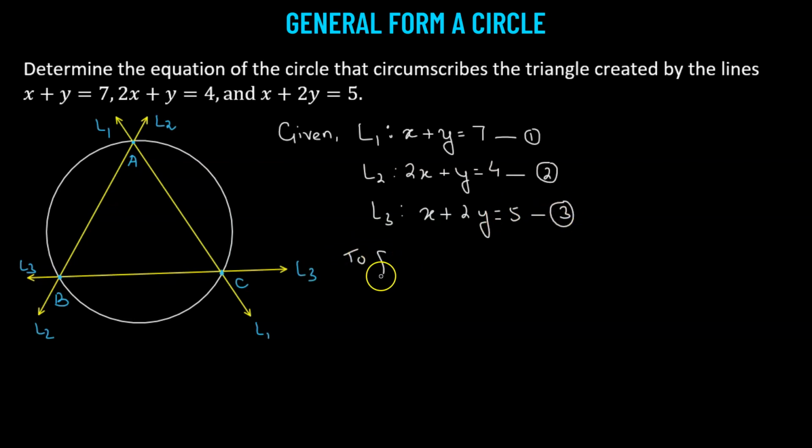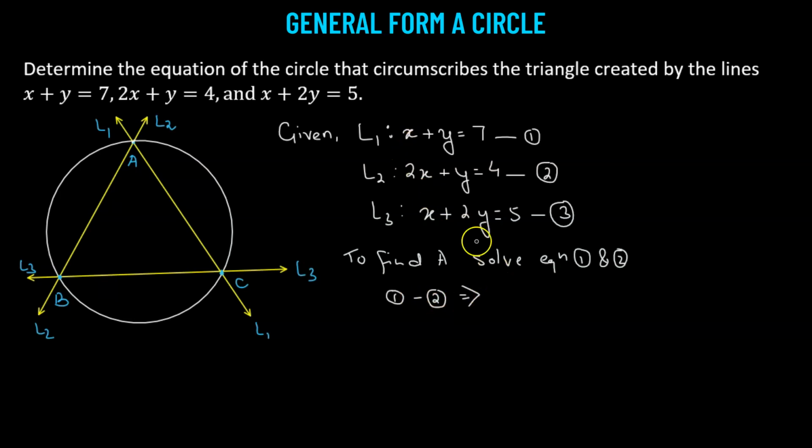Now to find the coordinate of point A, we have to solve equation 1 and equation 2, because they represent the lines L1 and L2. Solving the two equations gives us the values of x and y, which give the coordinate of point A. So we take equation 1 and subtract equation 2.